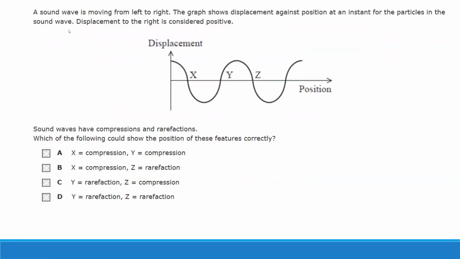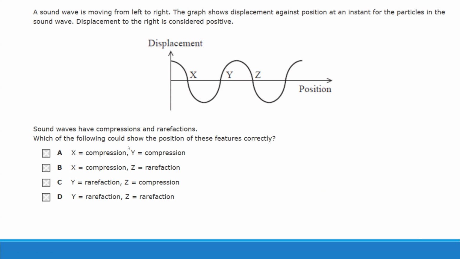Good. A sound wave is moving from left to right. The graph shows displacement against position for the particles in the sound wave. Displacement to the right is considered positive. So this is a sort of question that tells you the direction.